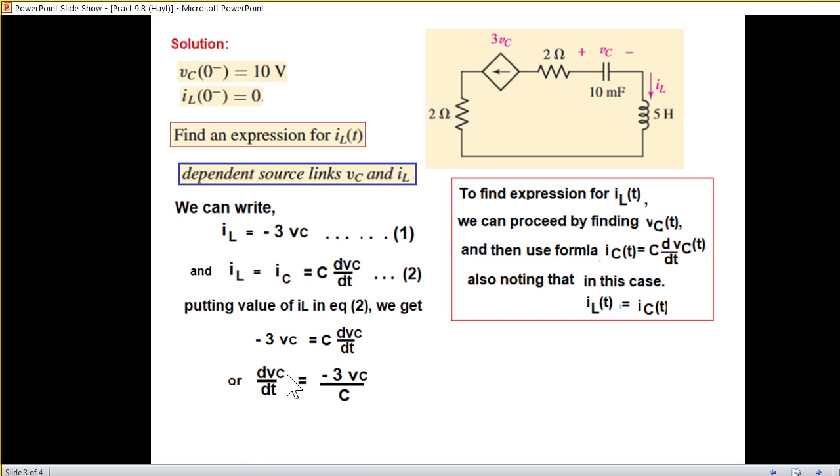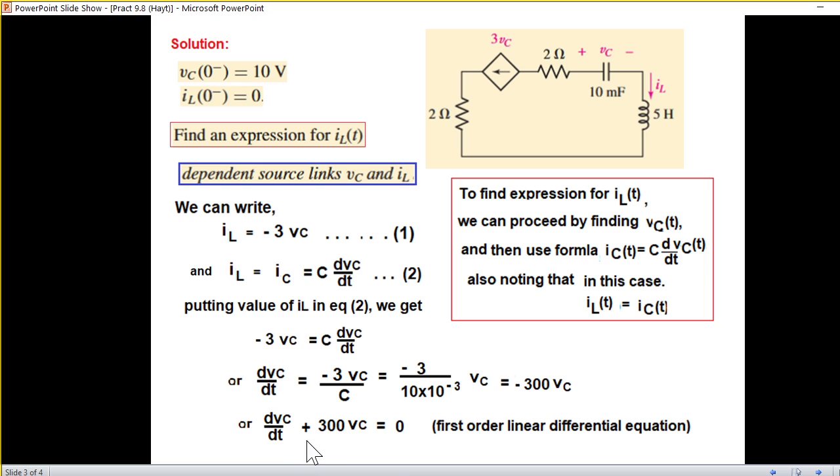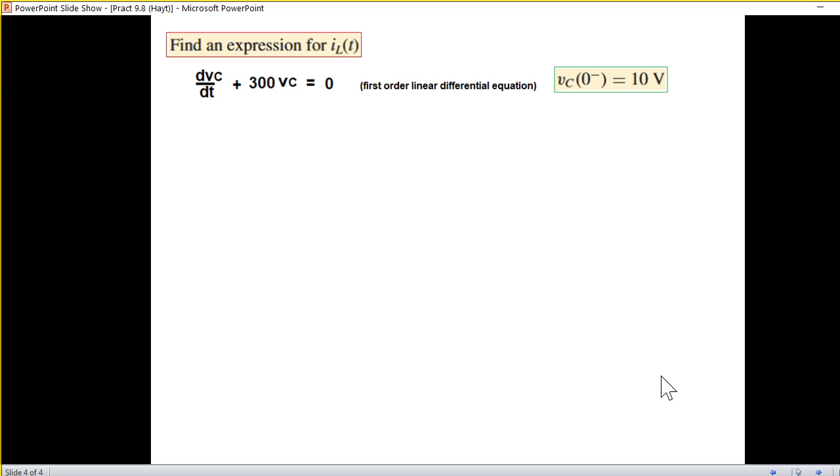And from here you can write dvC/dt is minus 3 vC divided by this capacitor C. Putting in the value of the capacitor, which is 10 millifarad, and solving, we find it to be minus 300 vC. So our equation now becomes, bringing it to the left side, dvC/dt plus 300 vC is equal to 0. And this, as you can see, is the first degree linear equation or first order linear differential equation that he has mentioned in the hint.